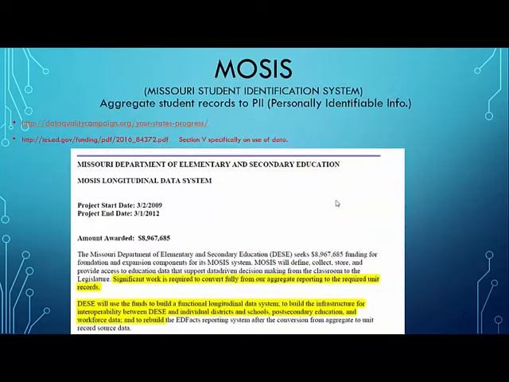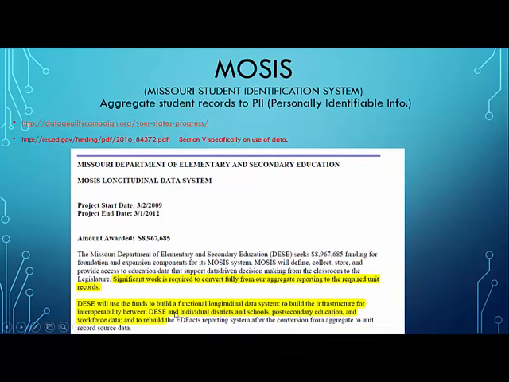Okay, I just wanted to talk to you a little bit about the Missouri Student Identification System. What I want to point out here is that we received nearly $9 million in lieu of a federal grant to move all data, reporting data, from the aggregate to the personally identifiable unit record.